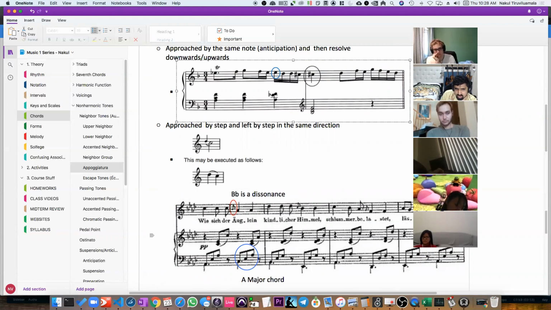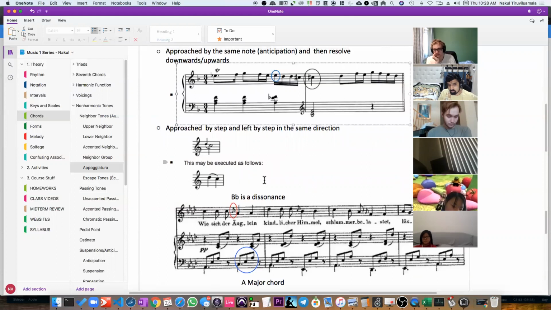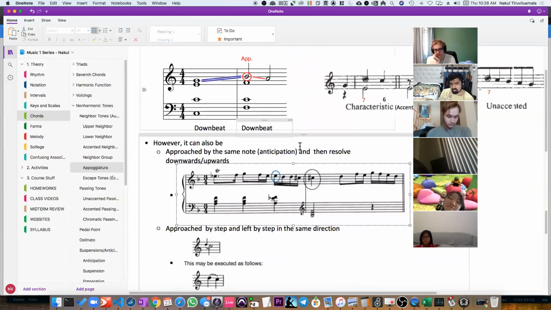I guess the appoggiatura manifests more like this, where you can actually have three notes in a row that are moving in the same direction. But when the appoggiatura is a feature that you're analyzing in the music, it often does have this contour of moving by skip and then stepping in the opposite direction. So I'm very pleased that we did find a way that this in fact does satisfy the definition of appoggiatura: skip and then step in the opposite direction.